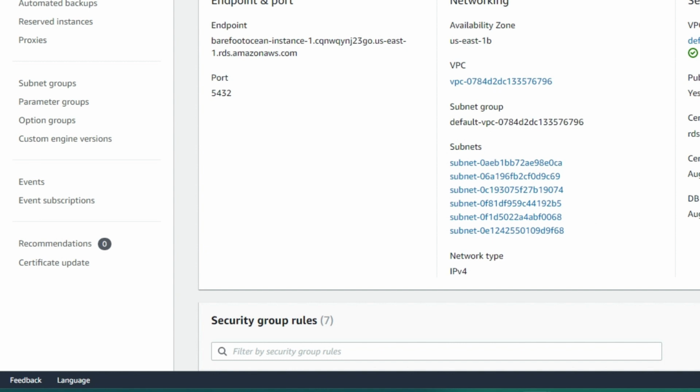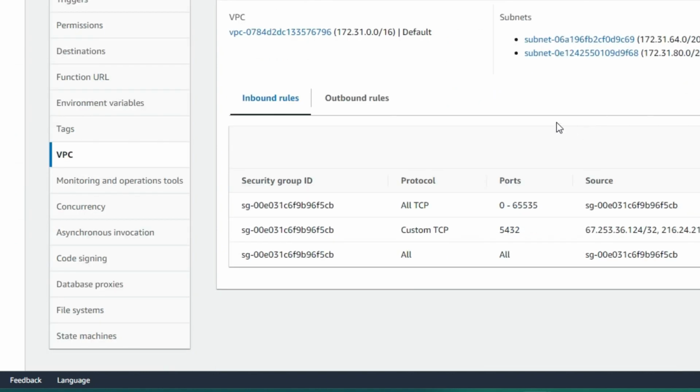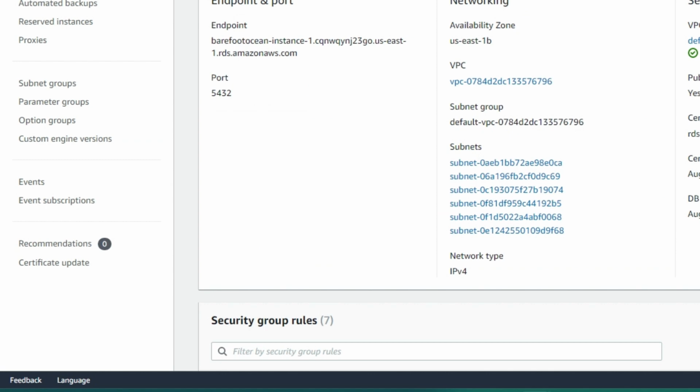With this setting, my Lambda function was able to connect to the RDS database, it was able to connect to the external API through the internet, and I was also able to access the RDS database from outside.